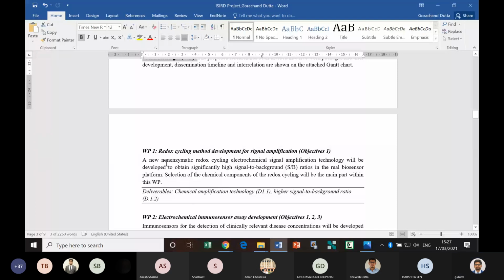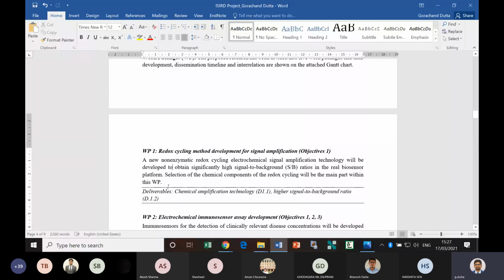That will be maybe your first 6 months of work. So work package 1 will be redox cycling method development. What will be the deliverables of this work package? I mean, what kind of new things will you deliver? You will deliver some amplification technology, and this technology will give you a higher signal to background ratio. So this is the deliverables point, right?